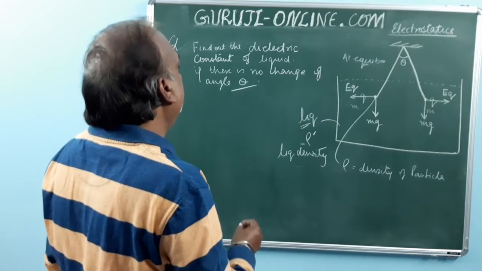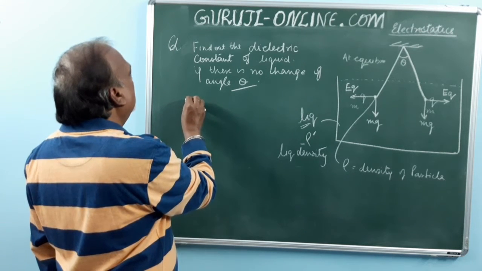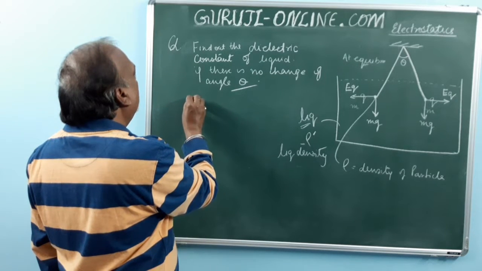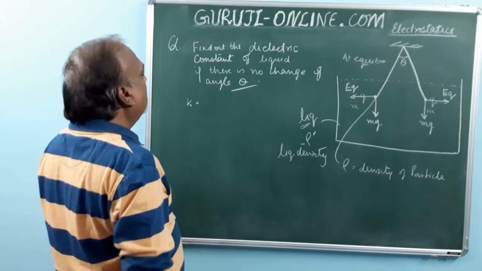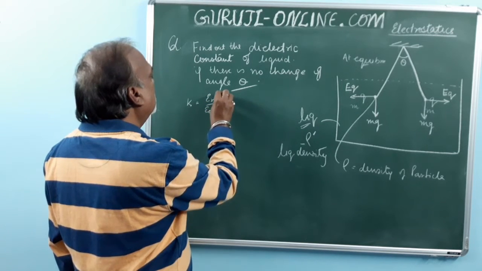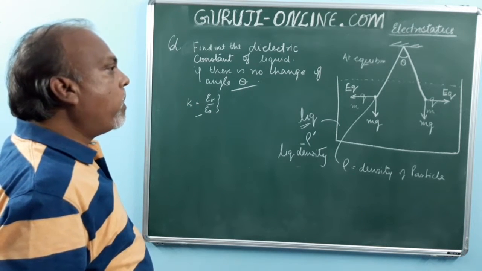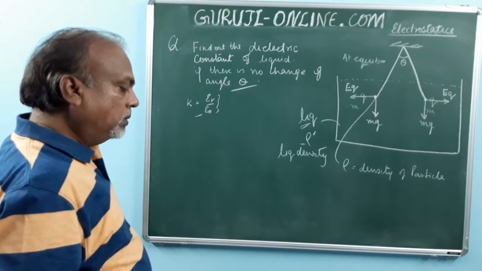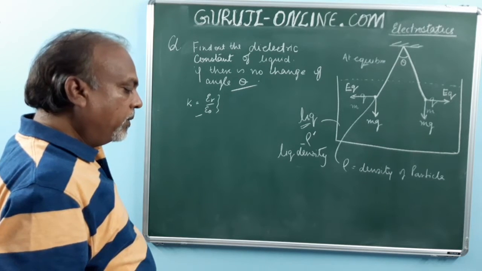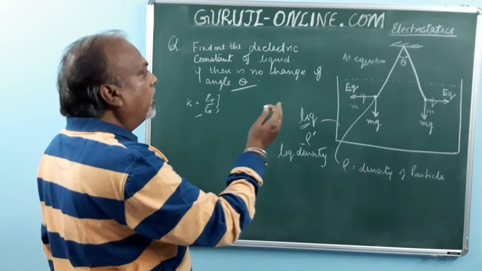Here, what is dielectric constant? Dielectric constant K is nothing but your sigma r upon sigma, in the first system.